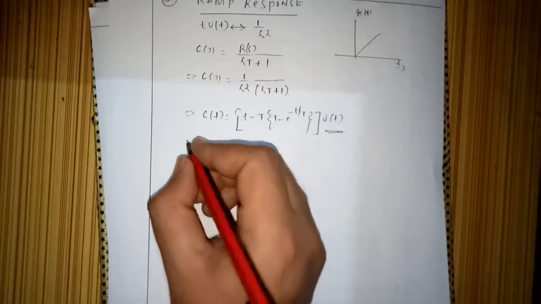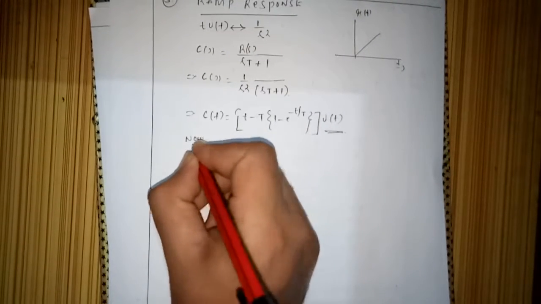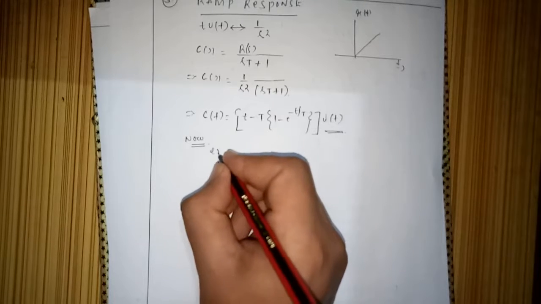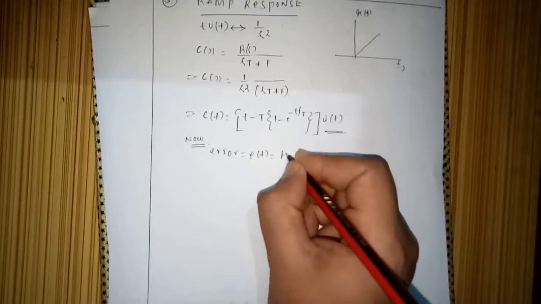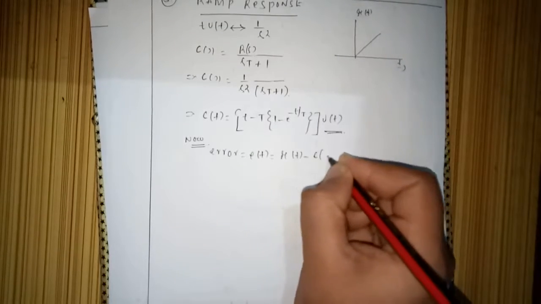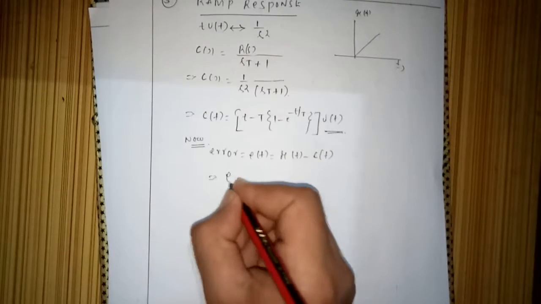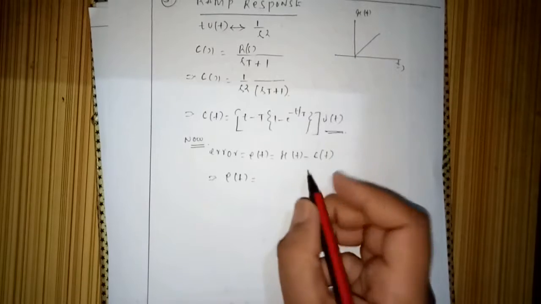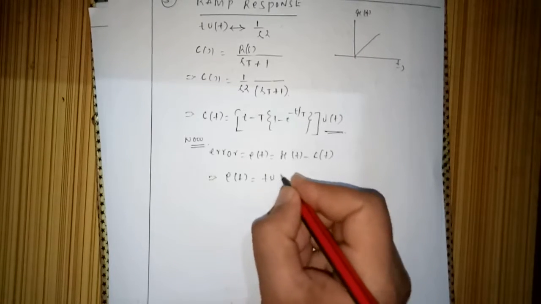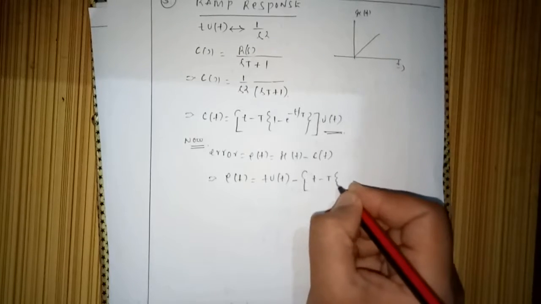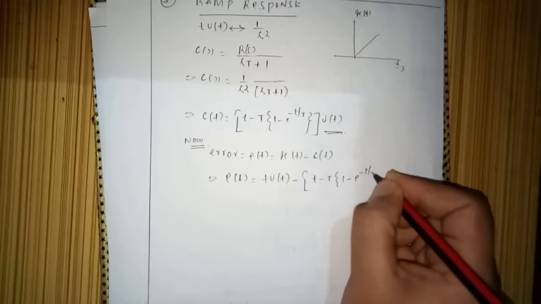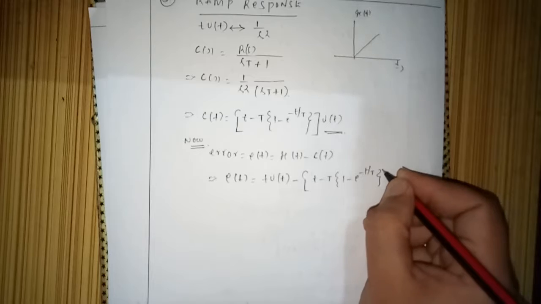Now the next thing is error. Error is defined as e(t) is equal to r(t) minus c(t), right? So e(t) is equal to r(t), which was nothing but t u(t), minus t minus T multiplied by 1 minus e to the power minus t by T, multiplied with u(t), right?